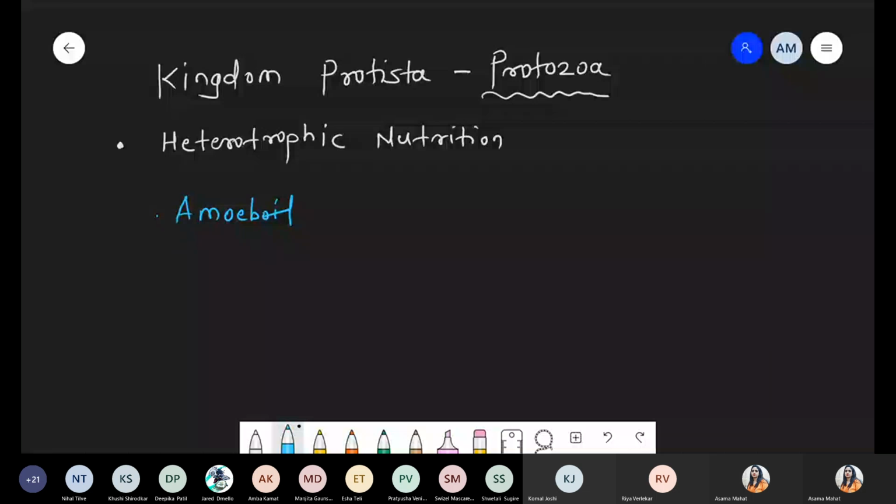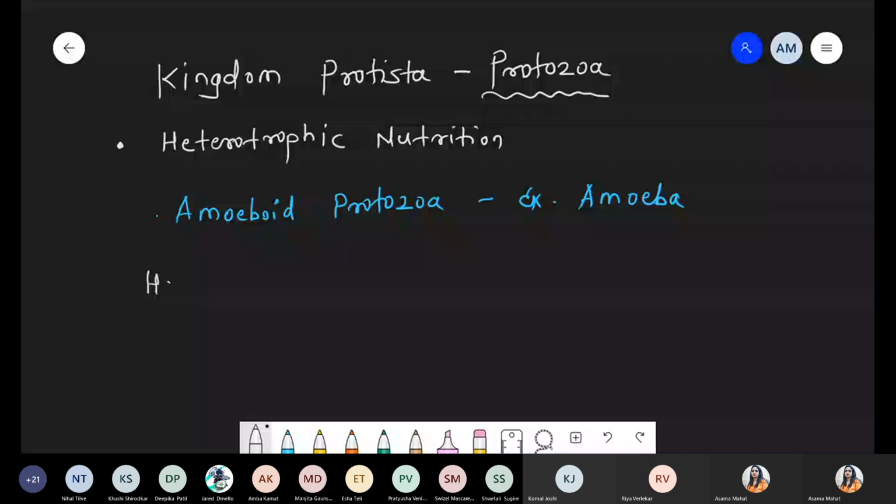Under the amoeboid protozoa, the simple example you have to remember is amoeba. Suppose we are talking about where this amoeba is present.